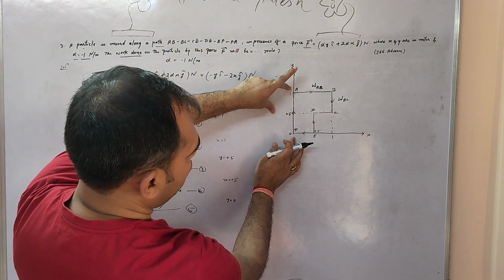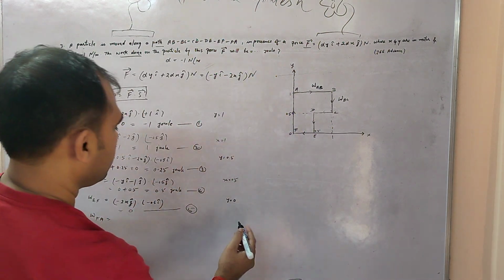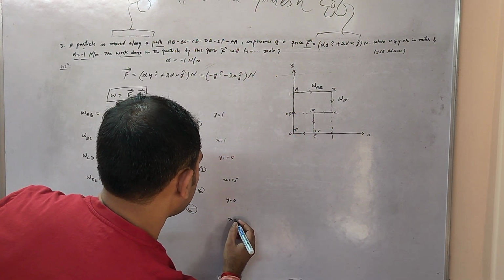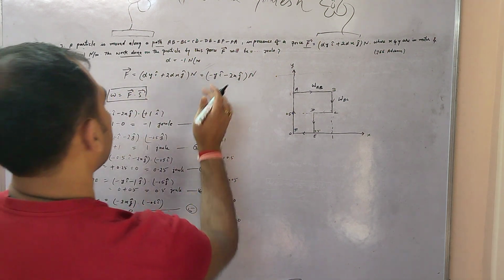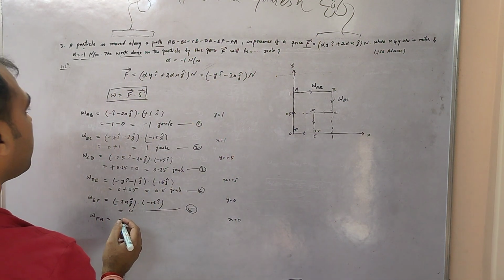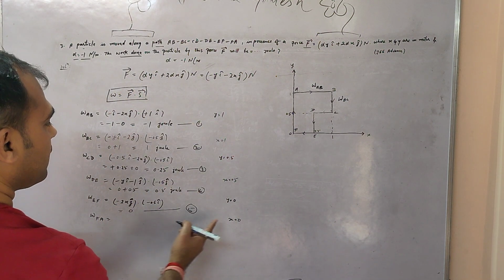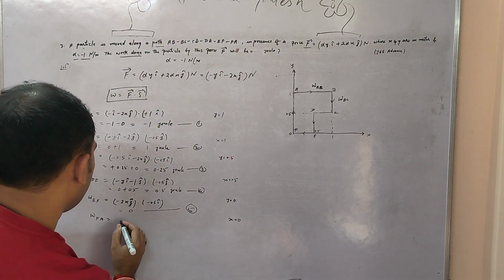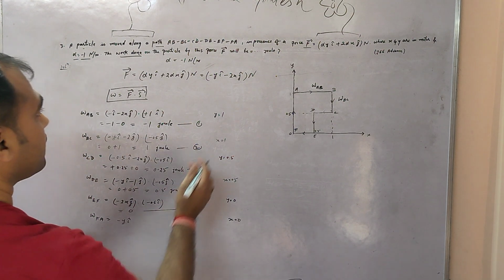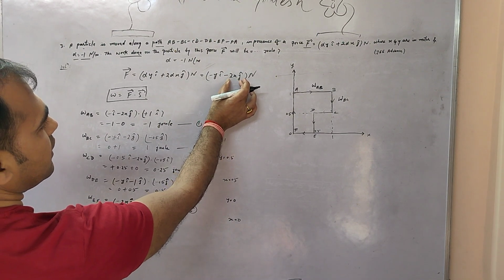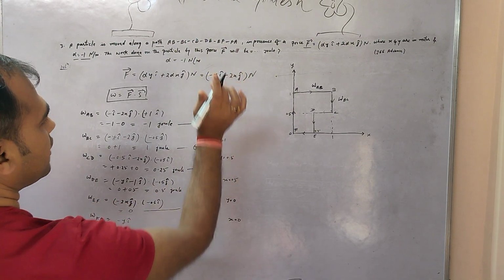So x will be 0 for F to A, and constant. Put the value of x equal to 0 in the vector force. This will become minus y i cap, and again x is equal to 0, so this will become 0.